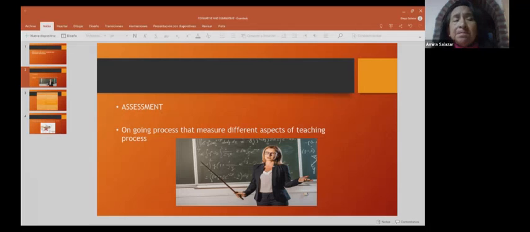Formative assessment is an ongoing process when we apply different tools or techniques to help to improve learning. Formative assessment in a general way are all the activities that we do in classes.